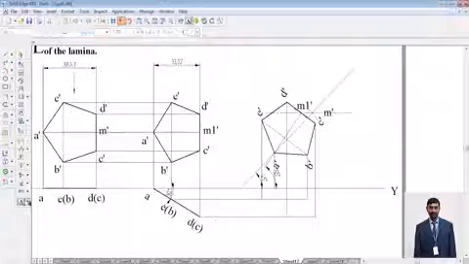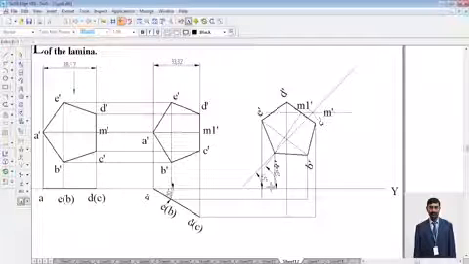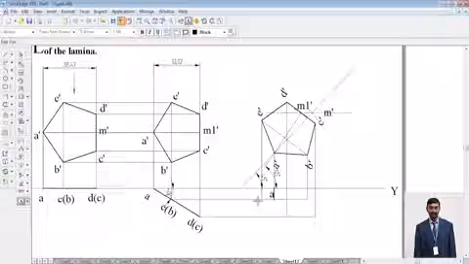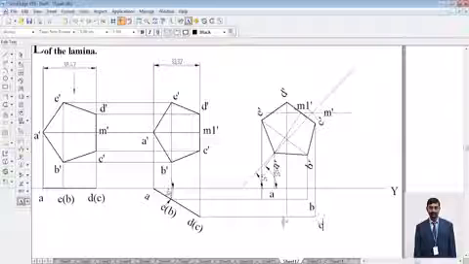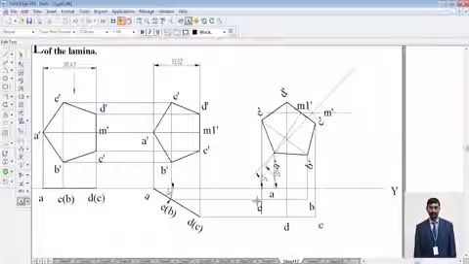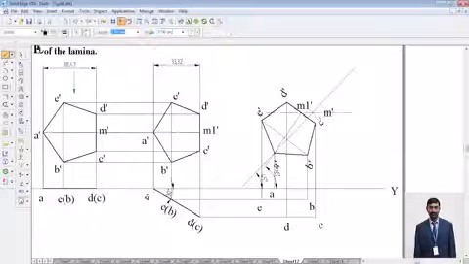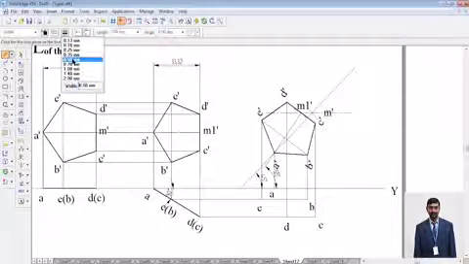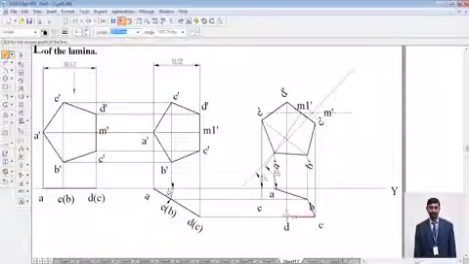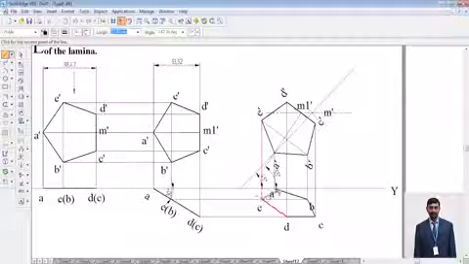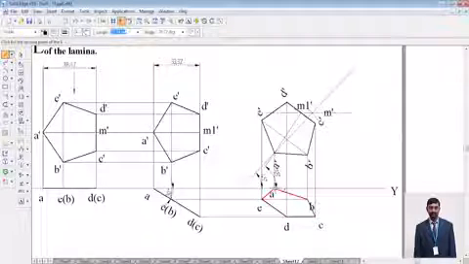So finally, you can name this as A, B, C, D, and E. So now go to line command, take a thick line. So join all the endpoints A, B, C, D, E, and A.